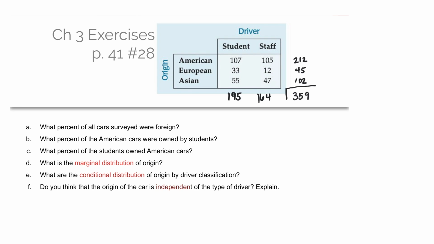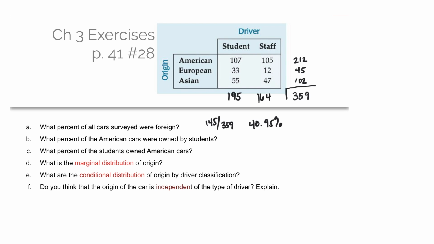So I would want to know the total of the non-US made cars. You'd add 45 plus the 102, and that would get us 147 out of the 359 cars being foreign made, or approximately 40.95%.